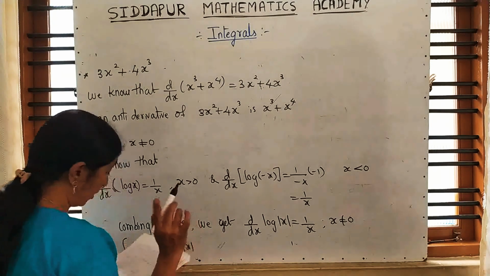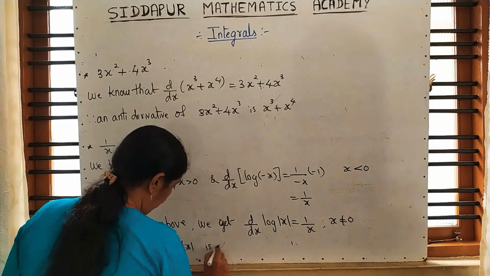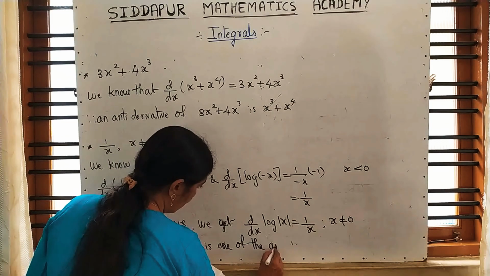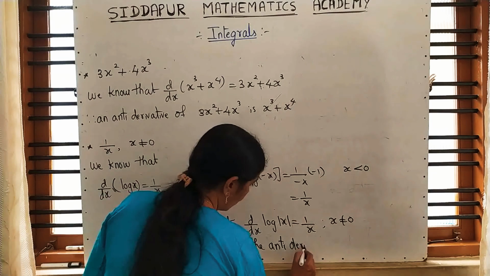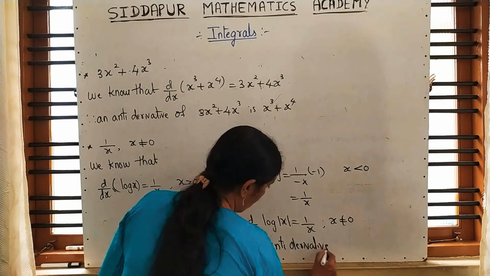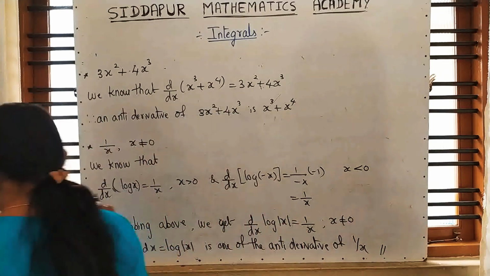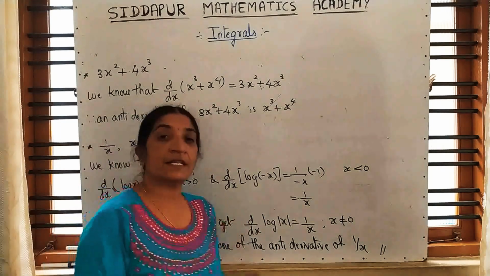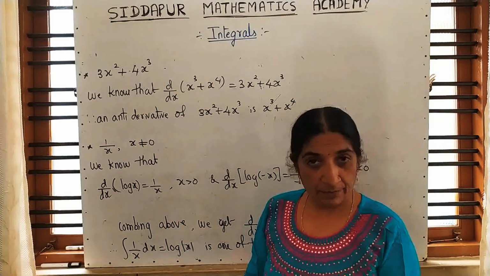Make the correction in your formula list. Log of mod x is the antiderivative of 1/x. So please note this and mark this. These are the examples related to finding the antiderivative or integrals with the help of the inspection method.